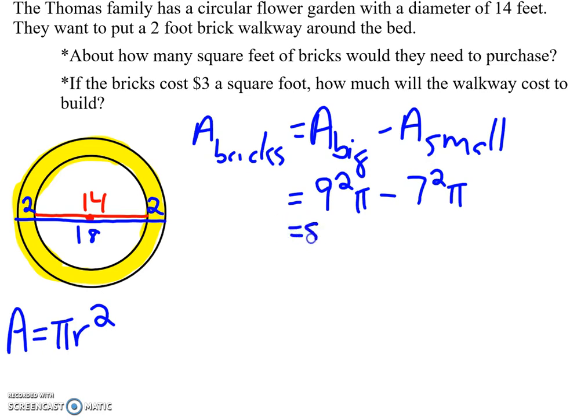So here I have 81 pi minus 49 pi, which is going to give me 32 pi for the amount of bricks. And that's in square feet, which is kind of a funny measure to have.